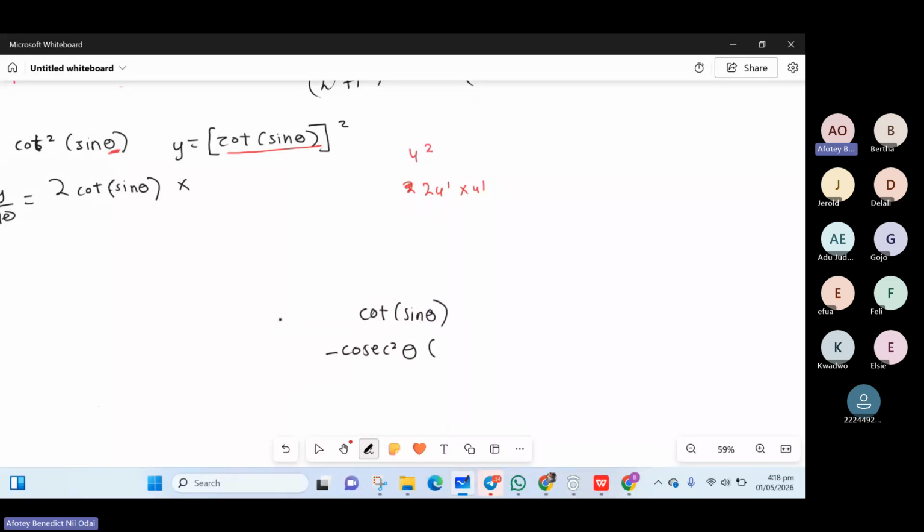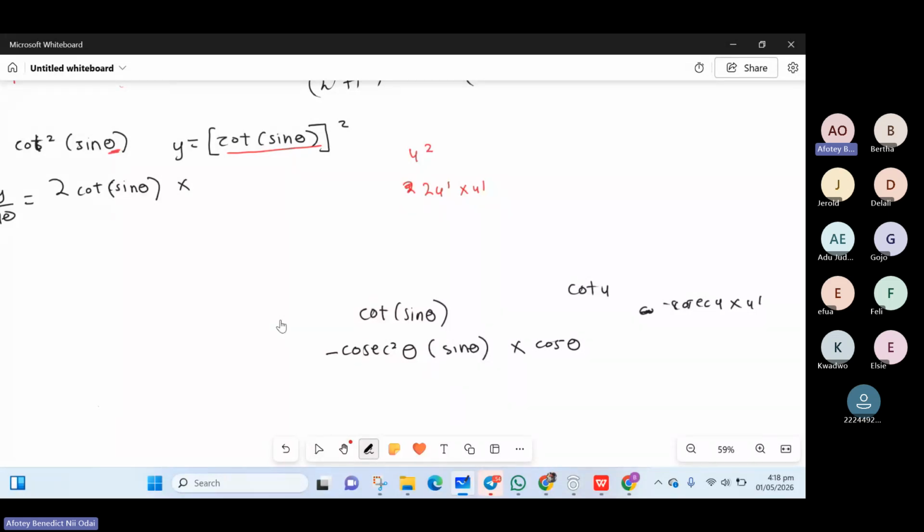Okay, and again, we write our u unchanged. Then we differentiate our u. Just as cot u, the differential of this is negative cosec squared u times the differential of u. Now u is sine theta, so the differential of u gives us cos theta. This is what we have.